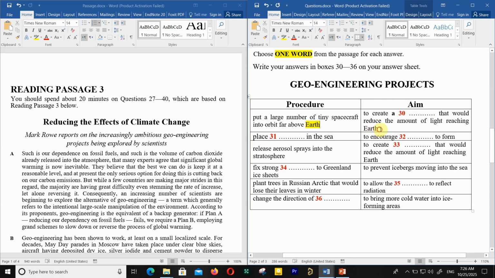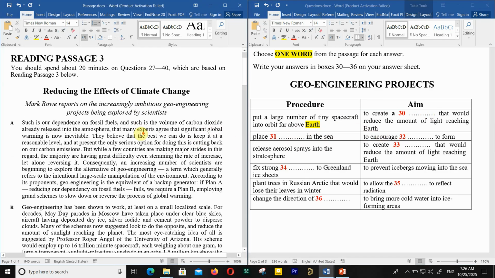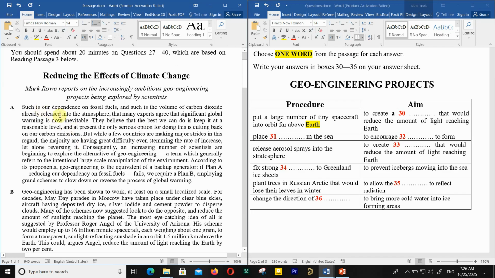So this is a good word to scan for and locate the answer. Just look through the passage, and you can for example do this from right to left or from top to bottom, no problem with that, or you can look for it in zigzag ways. Just look for the Earth.